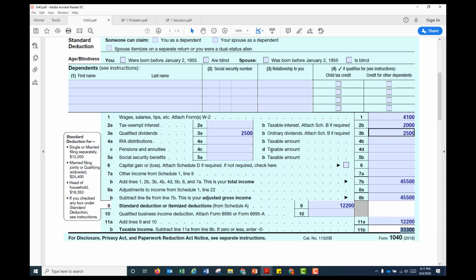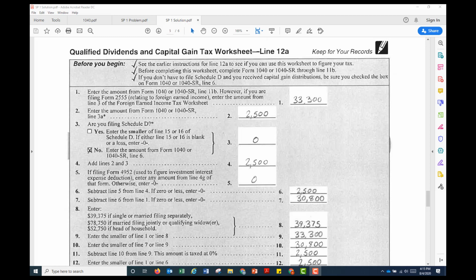That's the taxable income and qualified dividends, $2,500, line 3A. And if we take $33,300 minus $2,500, we get $30,800. And that's what we see on line 7 of qualified dividends and capital gains tax worksheet. And here it is, $30,800.